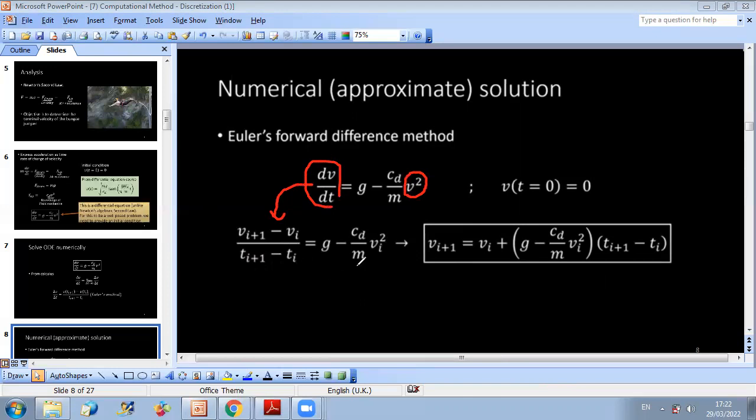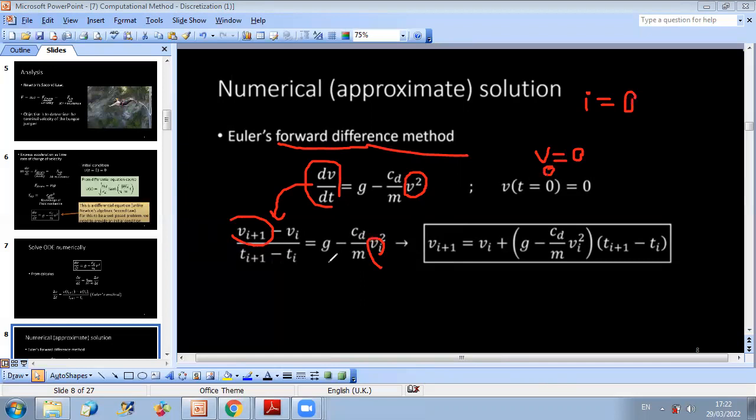The idea of the forward method is that you know V at i and you want to get Vi plus 1. Here, for example, we know that at t equals 0, V is equal to 0. So this is my first point, for i equals 0. I have V0 equal to 0.